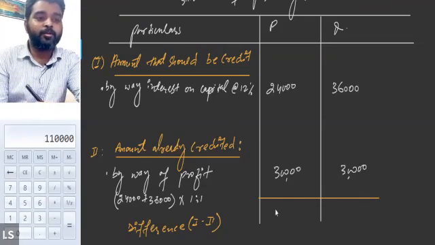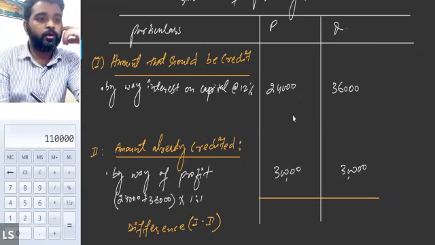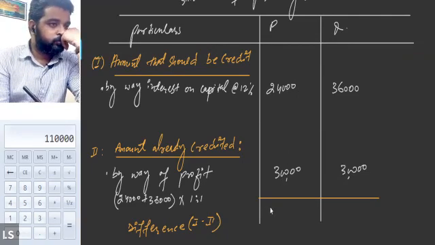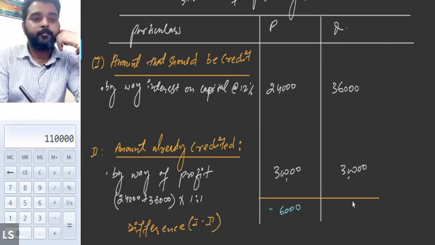So how much excess value has he got? He should have got 24,000 and he got 30,000, so he got 6,000 extra. So we will have a negative balance for P. Am I right?